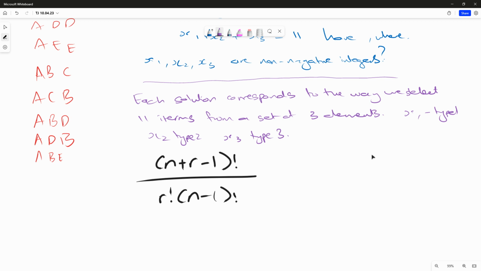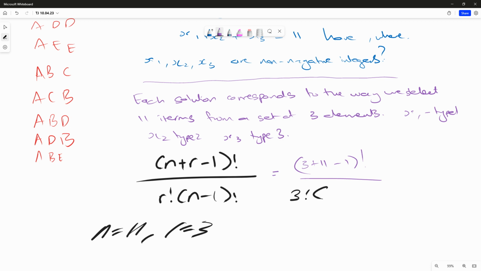And so when we calculate this, we're going to end up with 3 plus 11 minus 1 factorial divided by r factorial, which is, in this case, 3 factorial and 11 minus 1 factorial. If you put that on a calculator, what does that come to? We've got 3 plus 11 is 14, minus 1, which is 13 factorial, divided by 3 factorial times 10 factorial.